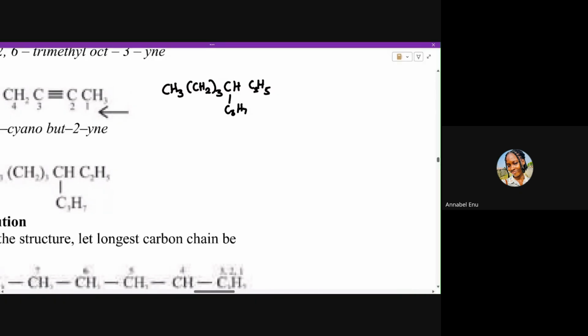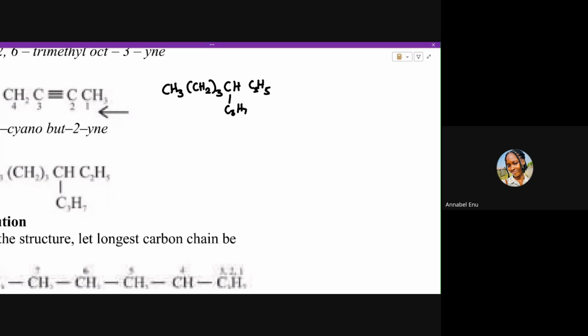Now, when we see things in a bracket, it usually means two things. In this case, it means that there are three CH2. But sometimes you can see a molecule in the bracket.